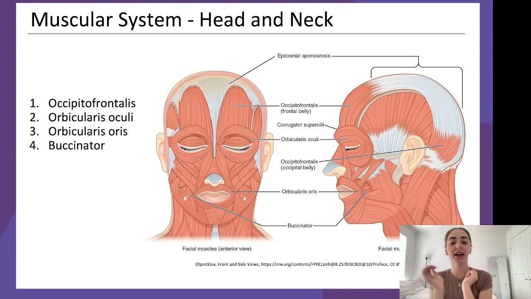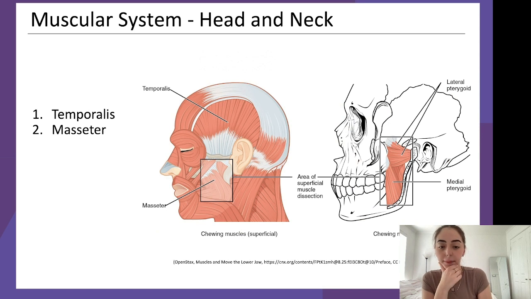It's pronounced with an X, buccinator, which helps with jaw movement, okay? So occipitofrontalis, orbicularis oculi, orbicularis oris, and buccinator. Those are the general muscles of the face, or the head and neck.